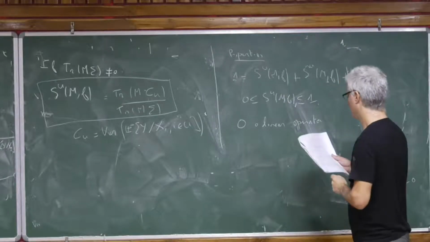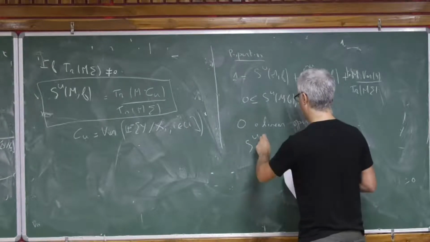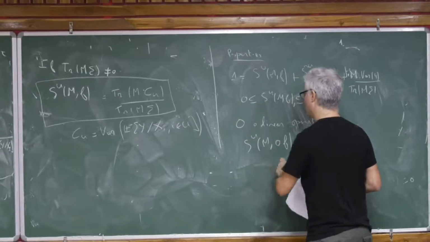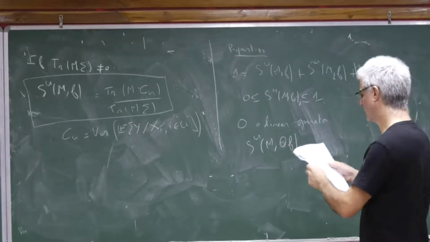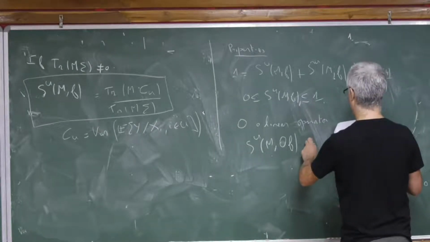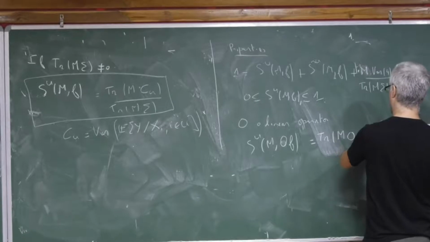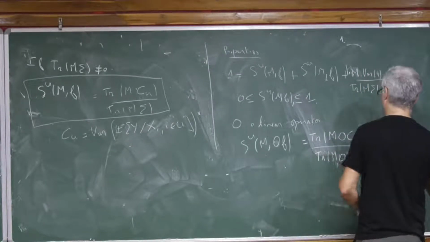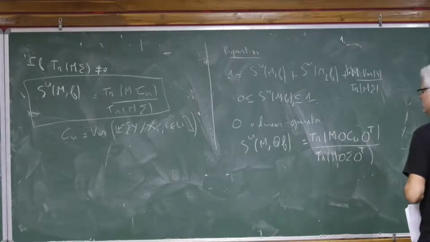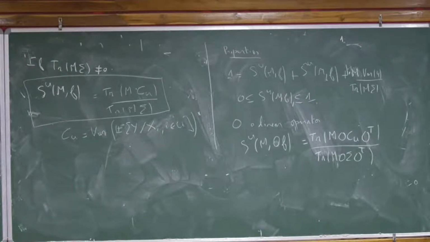If you take O a linear operator, what you see is that S_U of O F, if you multiply your output by your linear operator O, what you get is, we know that if you multiply a random vector by some matrix, the covariance matrix changes by O times the covariance matrix times O transpose.